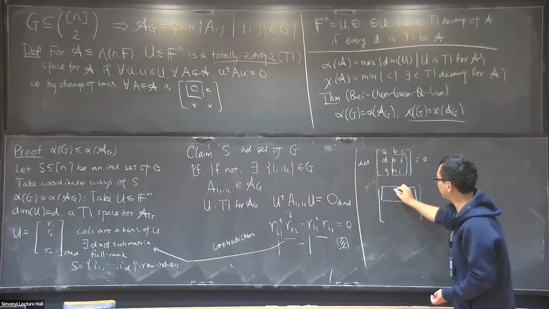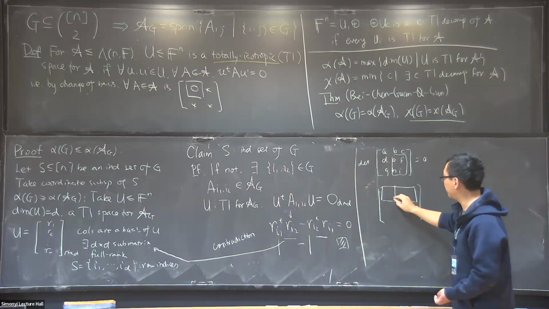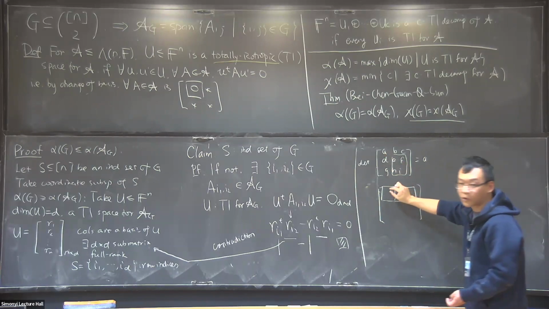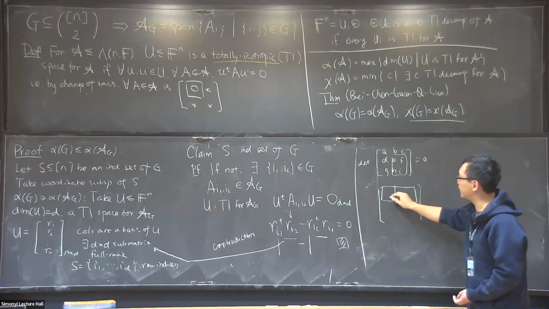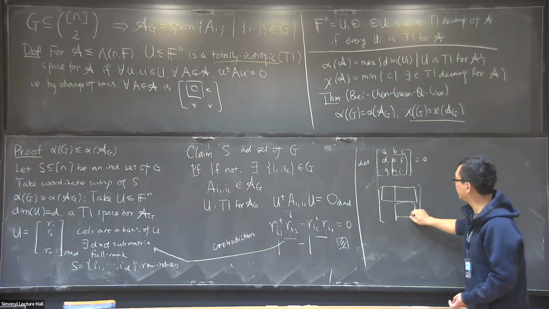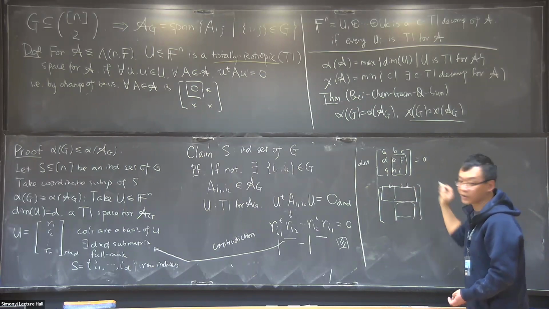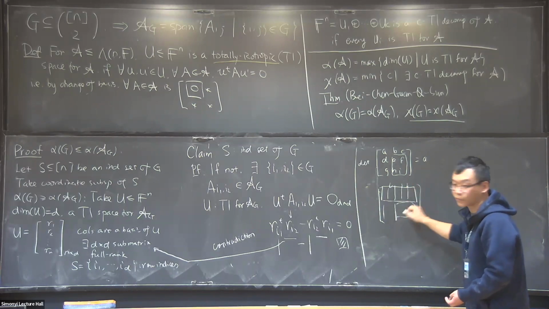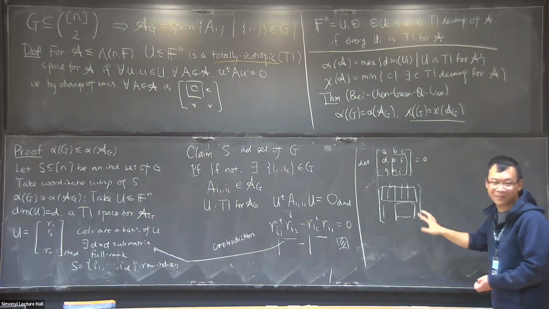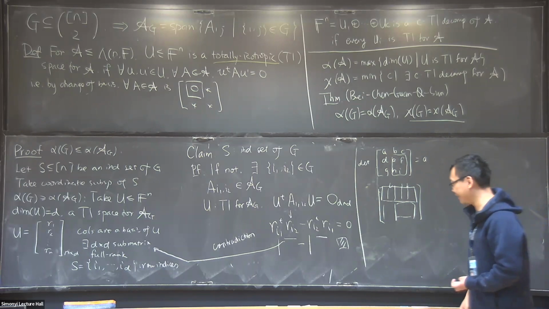You can look at multiple rows, take this block, and then Laplace expansion says that you have a summation of the determinant of this part with respect to this, and the determinant of maybe some other columns with respect to the rest, and so on. I'm not explaining very well, but you hopefully get the idea.